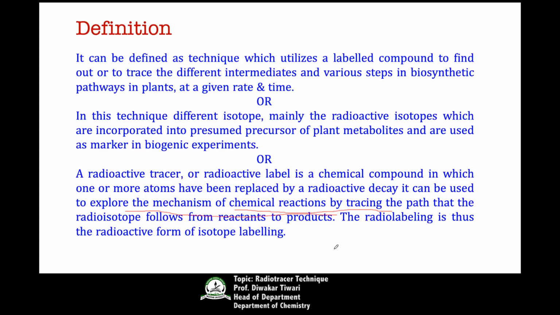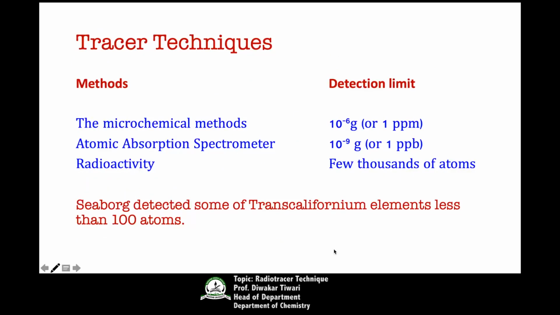The other important aspect of the radiotracer technique is the detection limit. At what low level can the technique be employed? Because the renewed interest is in low level detection of the analyte.